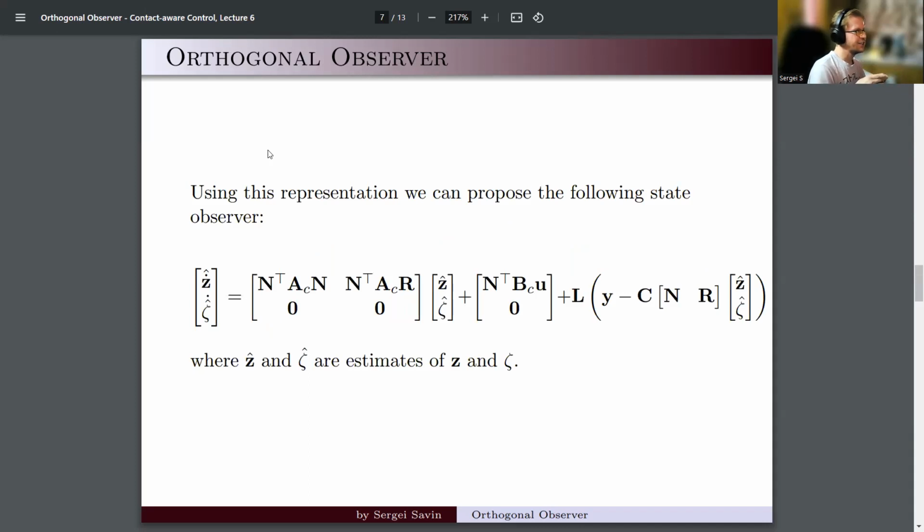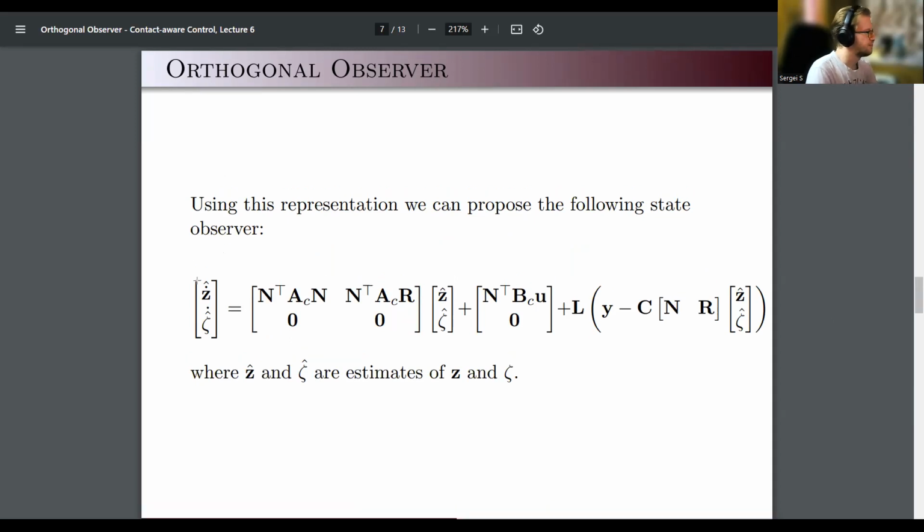Now, the next stage is to propose an observer. I would like you to look into it for a second and see if you find it familiar. Essentially, this is a Luenberger observer. So what makes an observer a Luenberger observer?